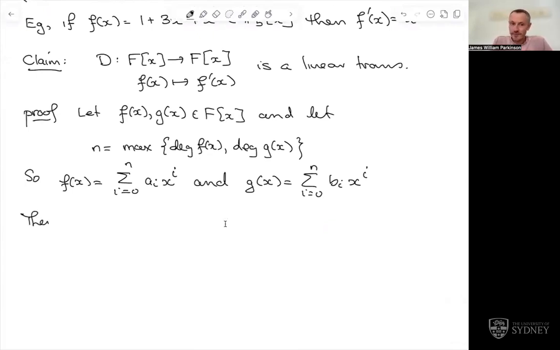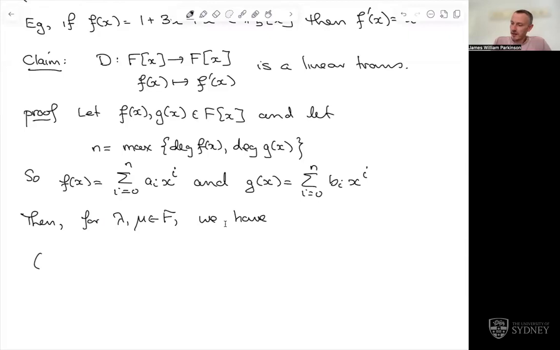Anyway, that's just to save me a bit of a headache. So then for lambda and mu in the field, we have the formal derivative of lambda f of x. Well, I didn't use d dx notation earlier. Maybe I'll write it with the prime.